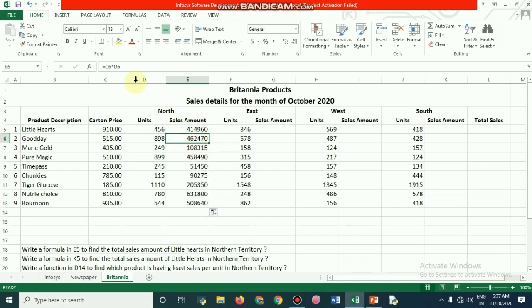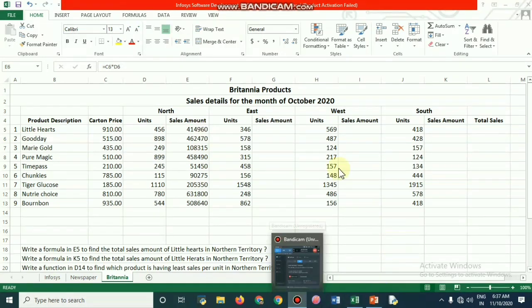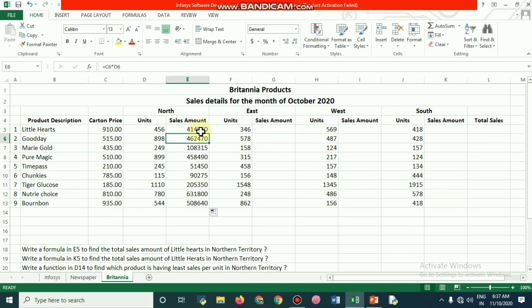And look here, how here it was C5 into D5, and when it moved down here it became C6 and D6.